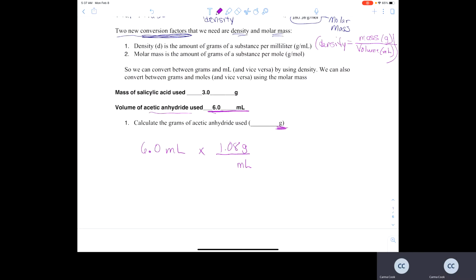So we do our multiplication. 6 times 1.08. We get 6.48.